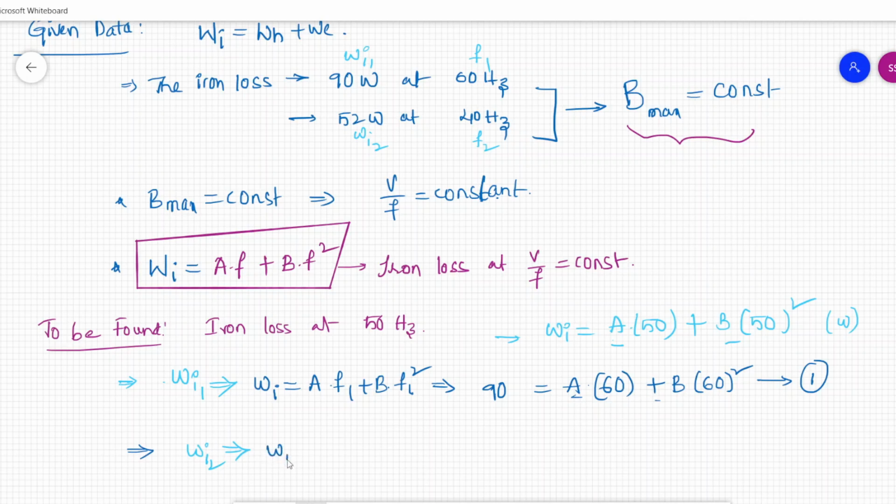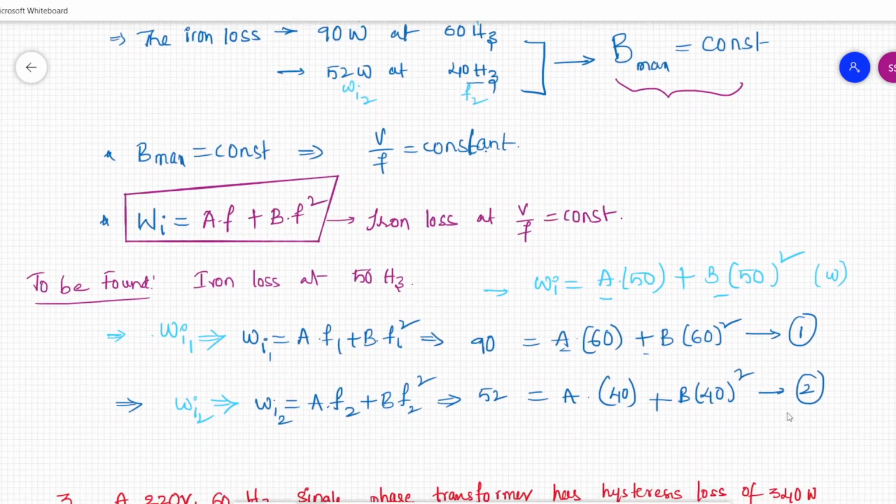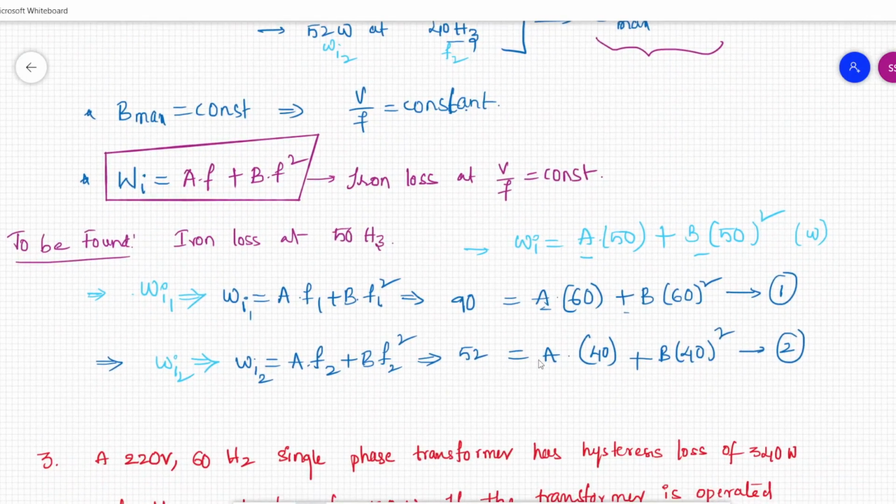The constants will be the same, but the variables are F and WI. So WI2 is 52 watts, A is constant, frequency is 40 Hz, given in the question, plus B into 40 square. This is equation 2. We have two equations and two variables, so we can solve for A and B values.